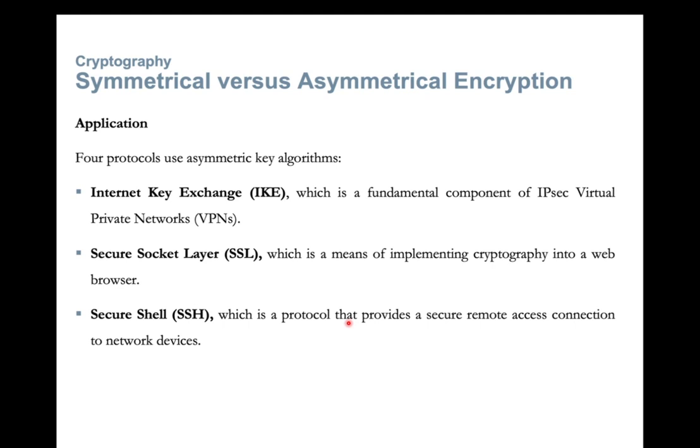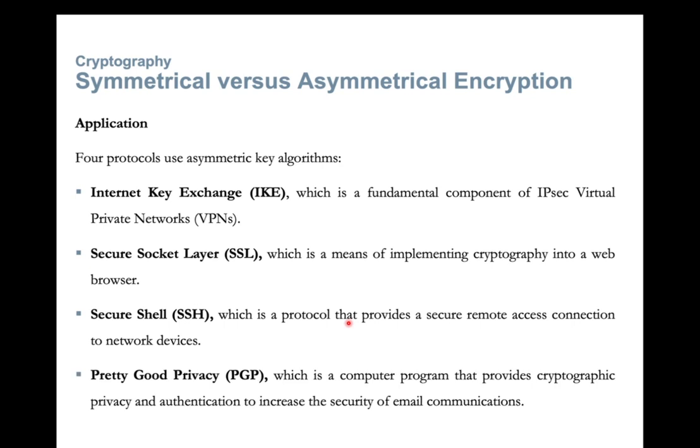And another protocol which uses asymmetric algorithms is the Pretty Good Privacy protocol, PGP, a computer program that provides cryptographic privacy and authentication to increase the security of email communications. A VPN is a private network that uses a public network, usually the internet, to create secure communication channels.